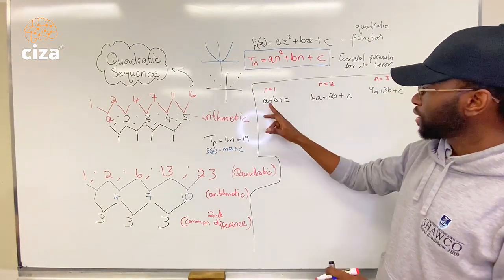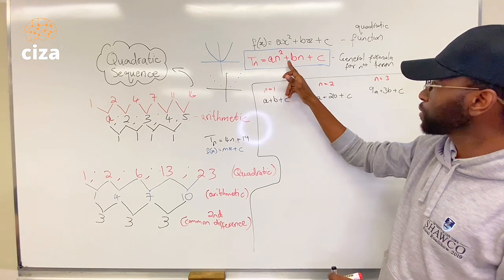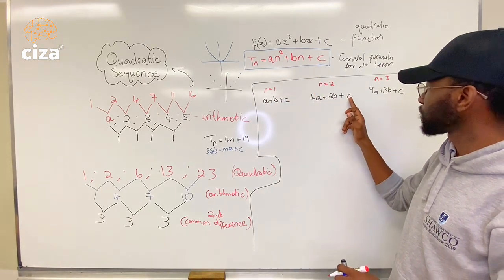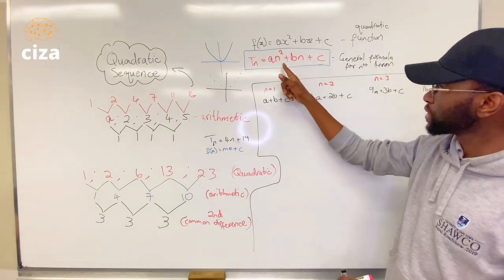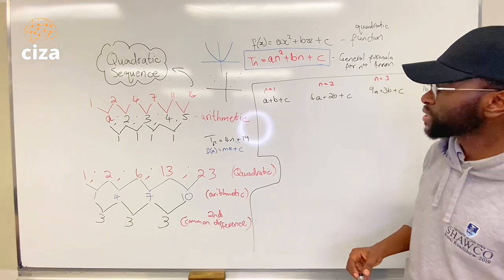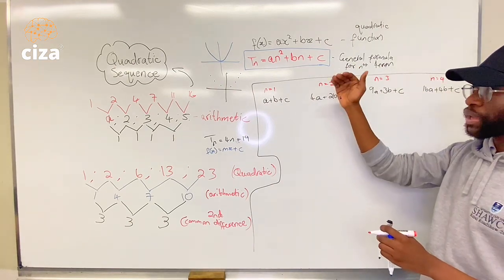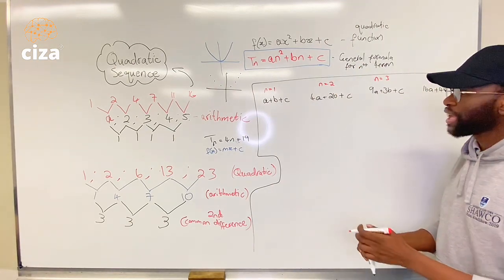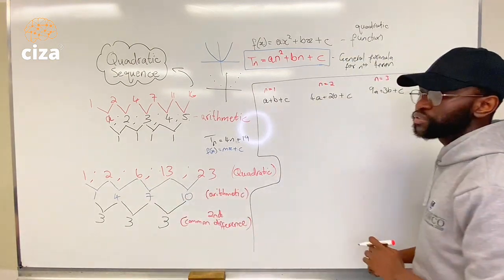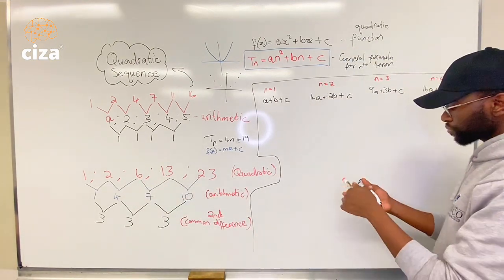Now, a plus b plus c, 4a plus 2b plus c, is the same as what you find in your general formula for the nth term. But since we do not have it, we are going to see how we find it. The first step in any sequence is to find the difference of the terms.